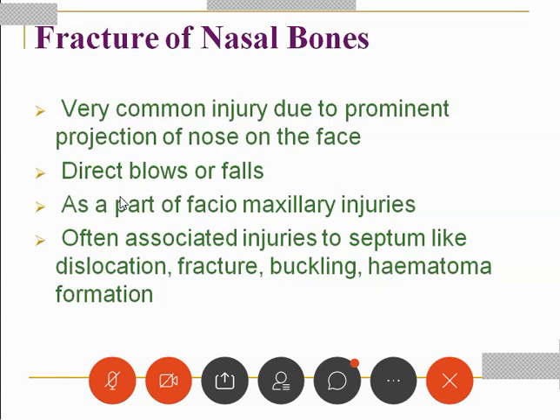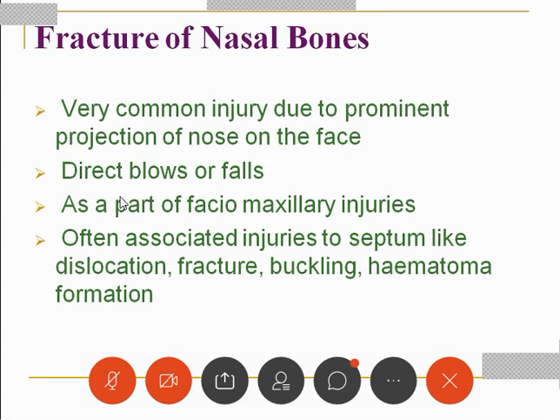That's the reason why previous textbooks used to say that an isolated nasal bone fracture, with no other injuries of the body, is most probably, 99%, due to assault.